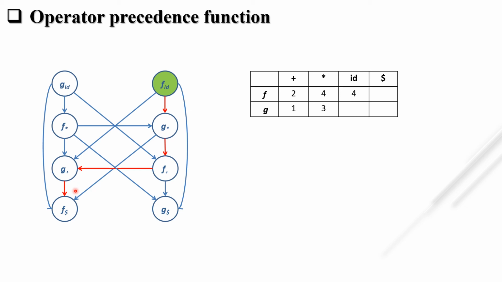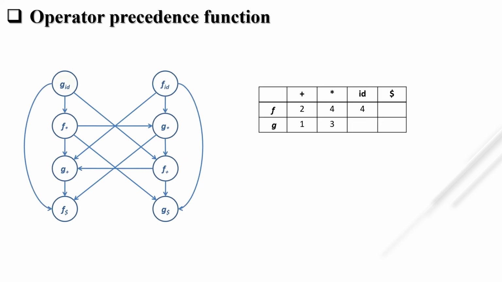Last one is g of id. So for g of id, what is the maximum length to reach the end marker? Is 1, 2, 3. Okay, next is this, only one length. Next 1, 2 and 3. Let's check another possibility. 1 and 2.